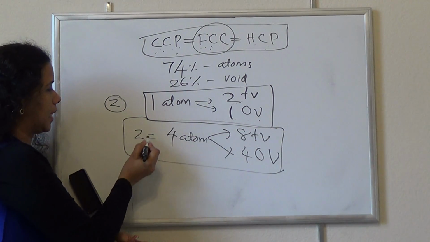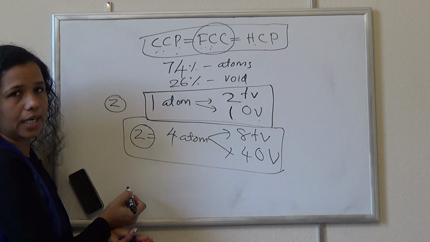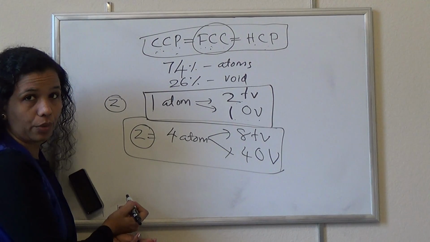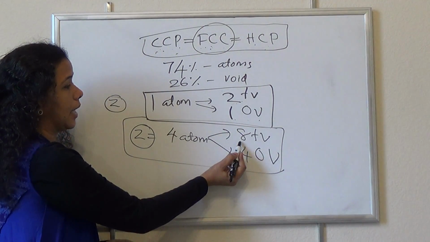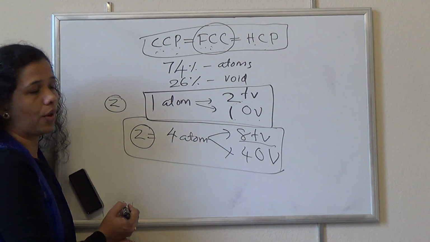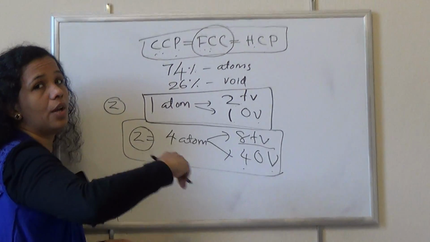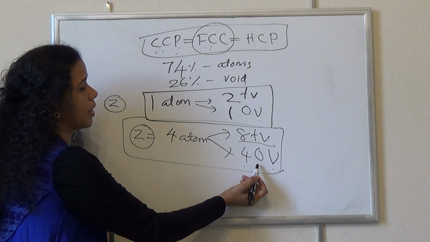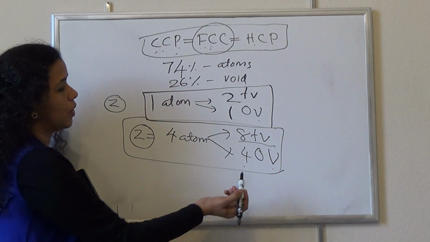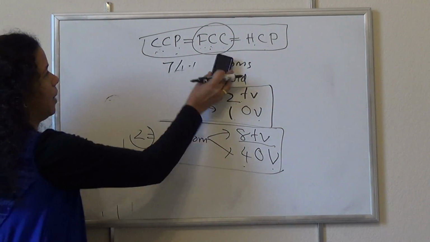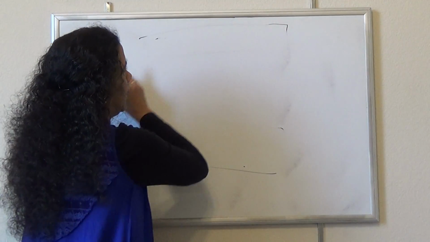The effective number of atoms Z, as we learned in another class, is 4 atoms per unit cell. So per unit cell there will be 8 tetrahedral voids and 4 octahedral voids. The tetrahedral void is small, so the number is more, and the octahedral void is the biggest void, so the number is less. Then we'll do some problems related to this.